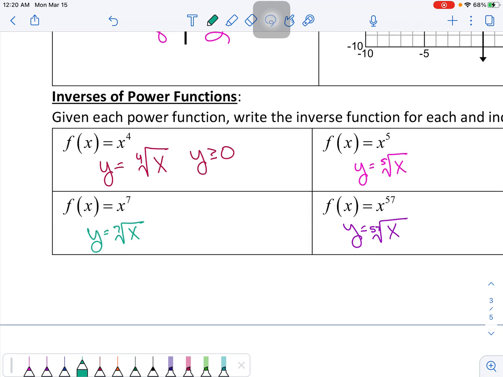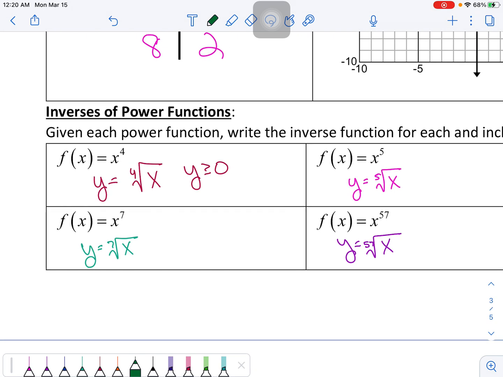Now, one thing I do want to comment on for these inverses. Every one of them I wrote as y is equal to. In this case, I'm purposely creating things that are inverses. So what you can actually write is f inverse of x is equal to the fourth root of x, or f inverse of x is equal to the seventh root of x.